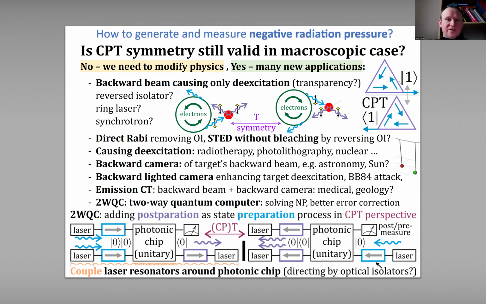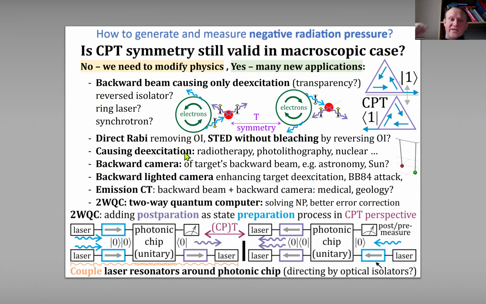Having this source of negative radiation pressure, through one of these two approaches, some applications could be direct Rabi oscillations without any tricks as mentioned, maybe by just removing an optical isolator, or instead, without photobleaching, by reversing the optical isolator, so using negative radiation pressure, pulling instead of pushing photons in a STED microscope, then causing deexcitation.